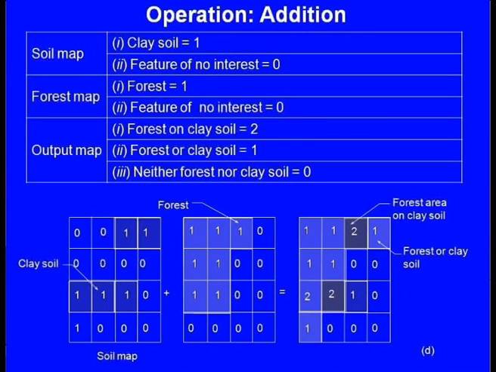This would result in a very unique form of data representation, that is, wherever the presence of both the information is there, the value would be 2, whereas in all other cases it would be less than 2. So, we can very simply make a deduction of the desired area.